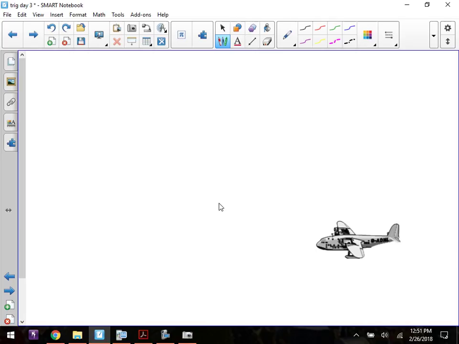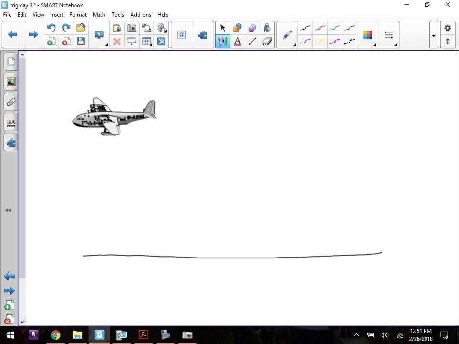Normally, airplanes take off from a runway, an airport, yes. So usually that means they have to go like that, right? Do airplanes go straight up? No. Can an airplane go straight up?